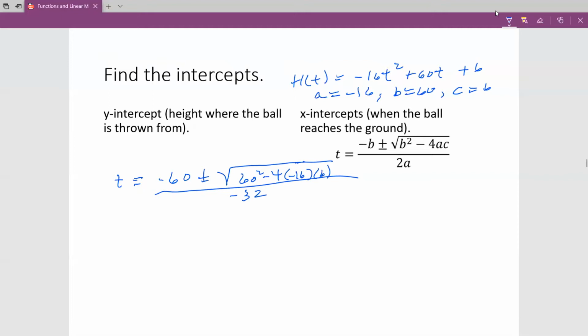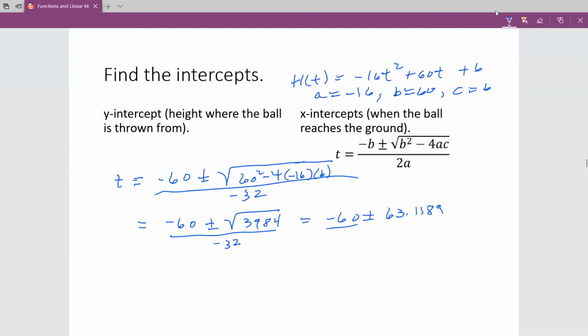So let's plug in and we get minus 60 plus or minus the square root of 3984 divided by minus 32, which is equal to minus 60 plus or minus 63.1189.